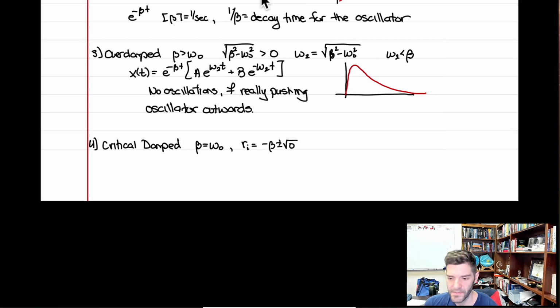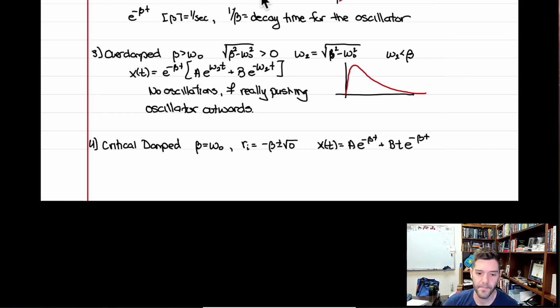So it is two identical values. So recall that in this case, the general solution is a e to the negative beta t plus b times t e to the negative beta t.